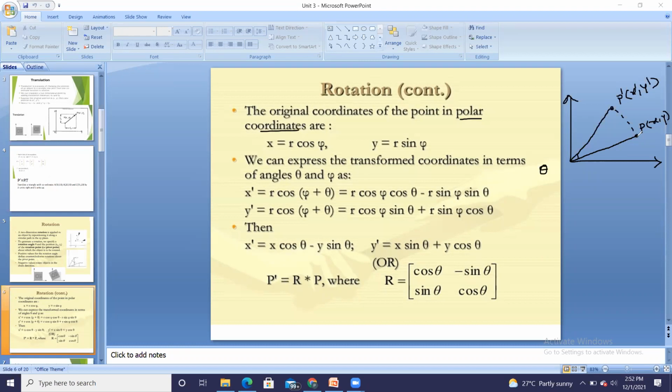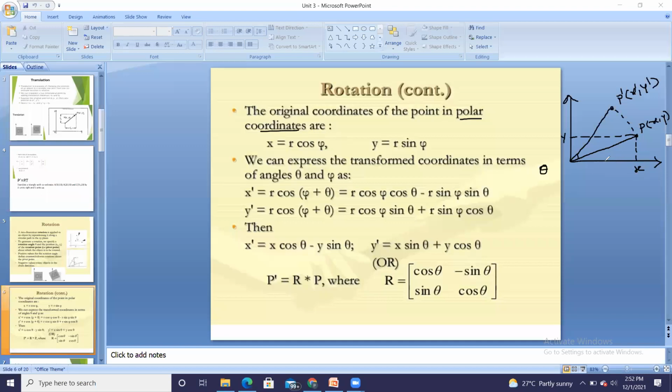So x and y are nothing but, suppose I am going to draw a perpendicular on x and on y. I have drawn these perpendiculars on x and y. So this is your x value and this is your y value. Now polar system means what?